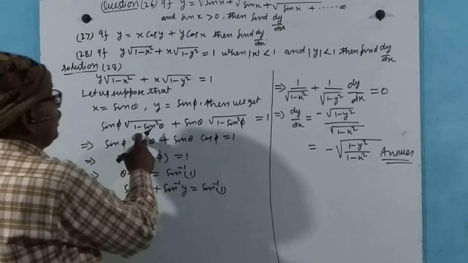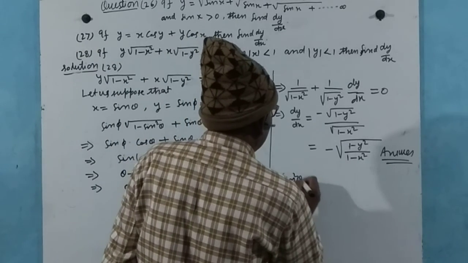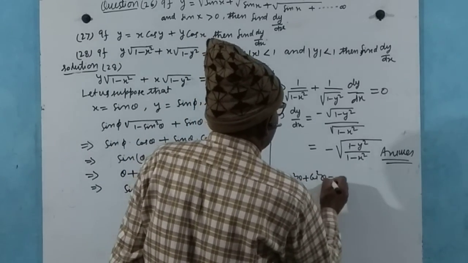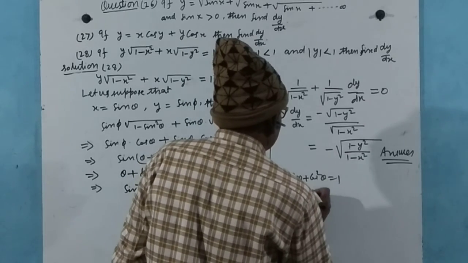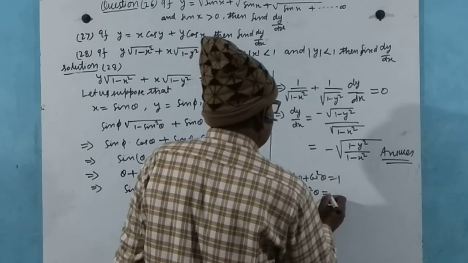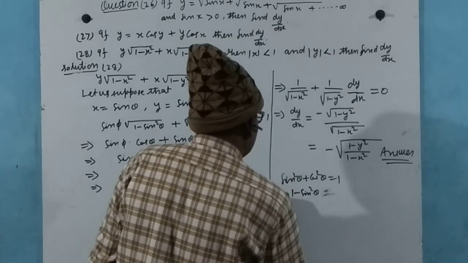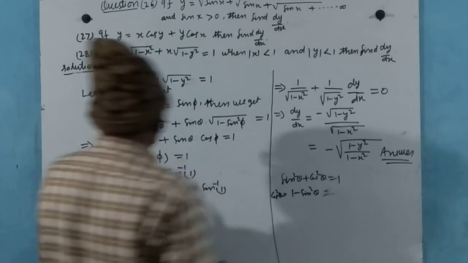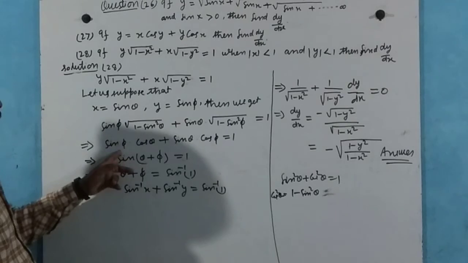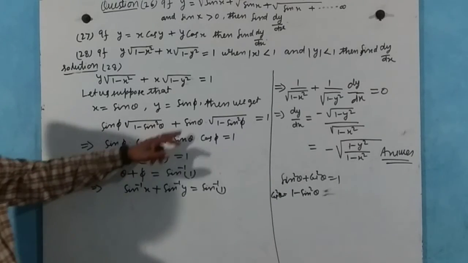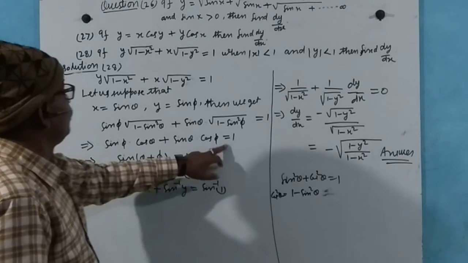We know that sin square theta plus cos square theta equals 1, so 1 minus sin square theta equals cos square theta, and under root gives cos theta. So sin phi cos theta plus sin theta cos phi equals 1.